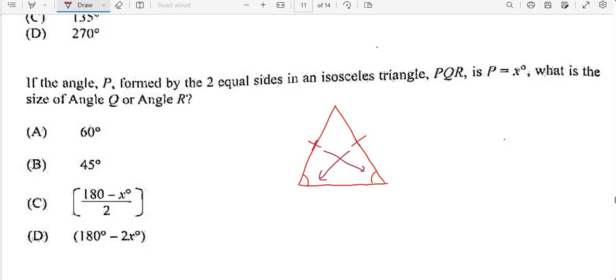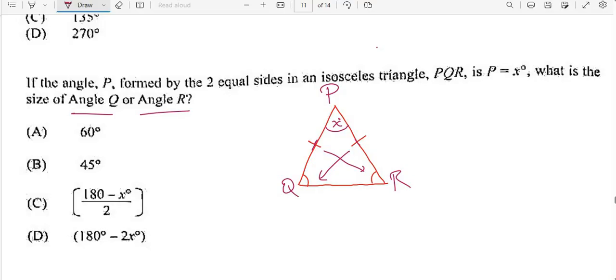The base angles, in other words, will be the same. And we're told that this is the angle P that's formed by these two sides that are equal. So these sides are equal length, and they form what? Angle P, right here, which is x degrees. Okay, so we get that. Now the base angles will be the same, and we're told that these are angle Q and angle R.